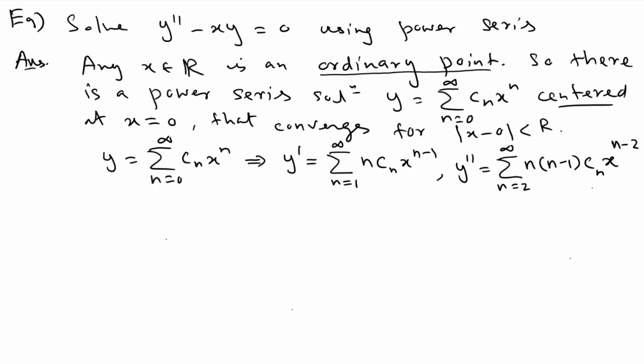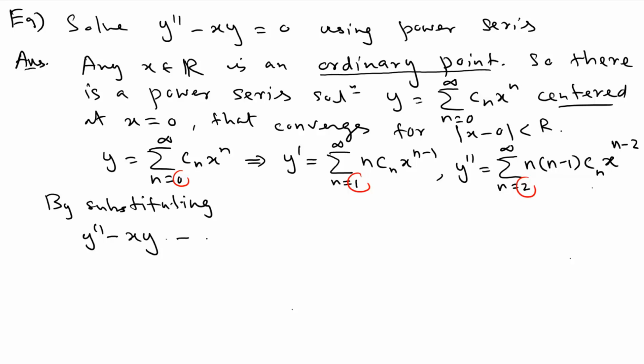So we again notice that the 3 indices are 0, 1, 2. Okay, so now we're going to plug that in. By substituting, we have y double prime minus xy.